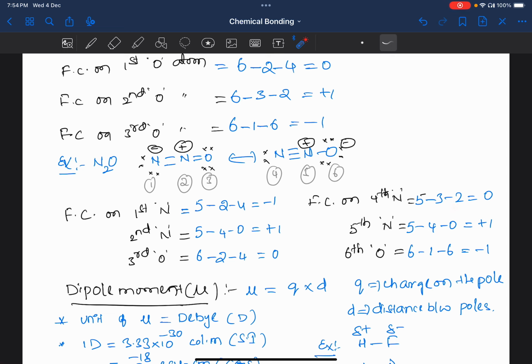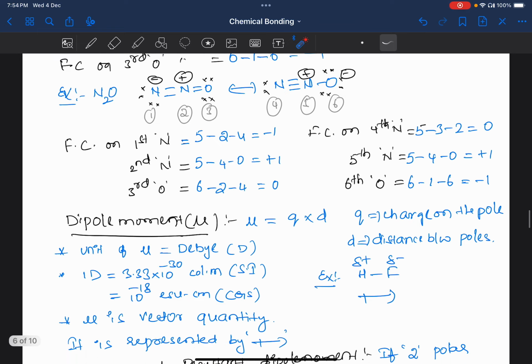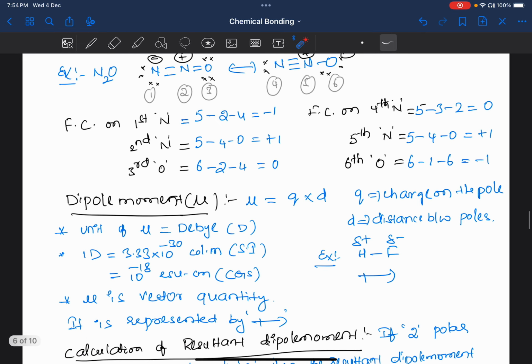That is equal to 0. It has no charge. On the fifth nitrogen atom, 5 minus 4 minus 0, so it possesses plus 1 charge. On the sixth, oxygen atom, 6 minus 1 minus 6, which is equal to minus 1. Therefore, here I kept the minus charge. So this is about formal charge.